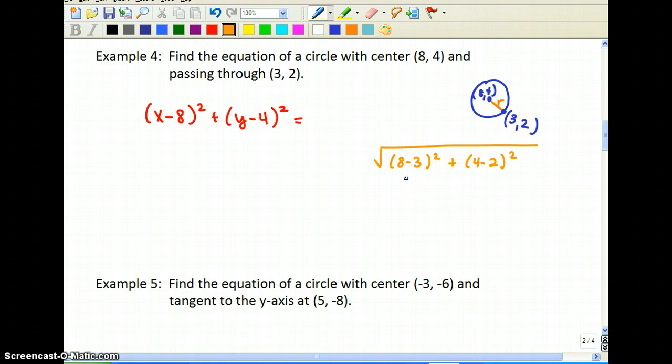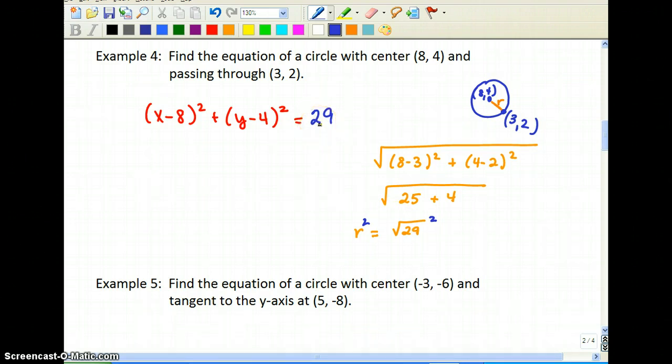It might be handy to have that program on your calculator to do this a little bit faster. 5 squared is 25 and 2 squared is 4, so you get the square root of 29. Now remember, that's what r is, but up here you need r squared. So if you square this, you're going to get simply 29. You've got to remember that's r squared.